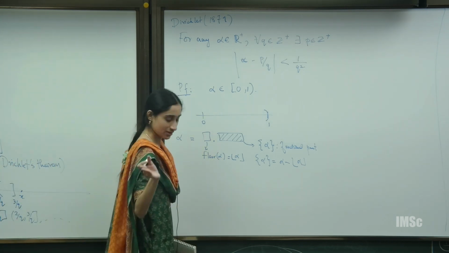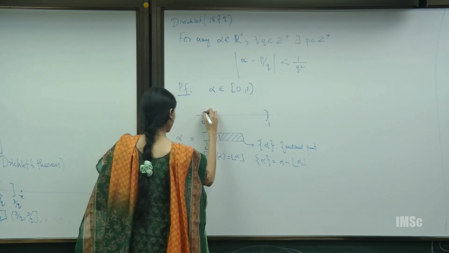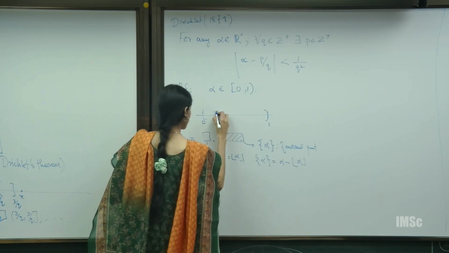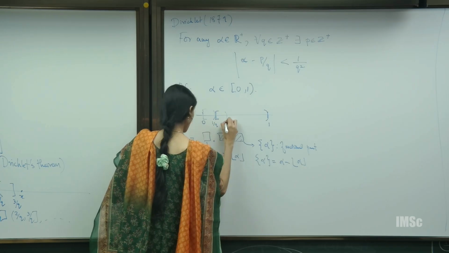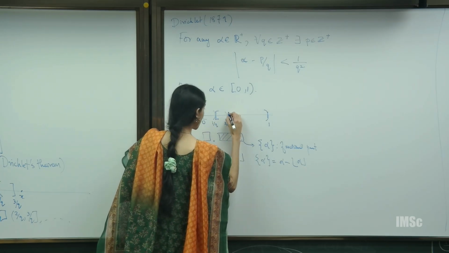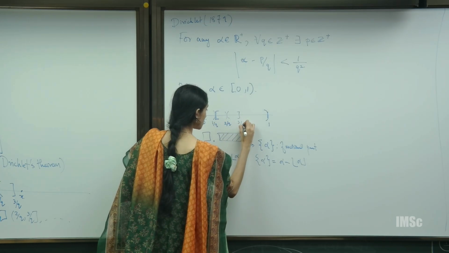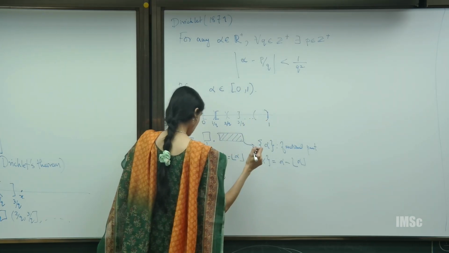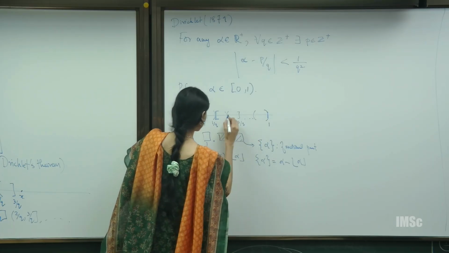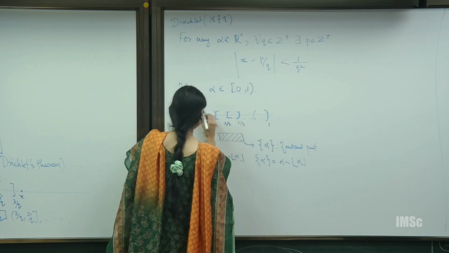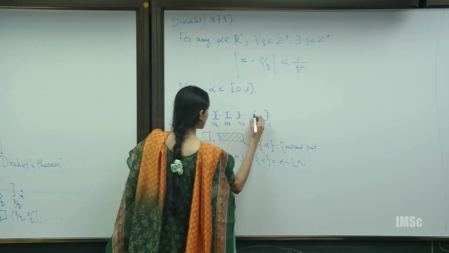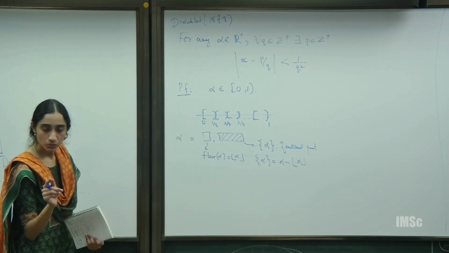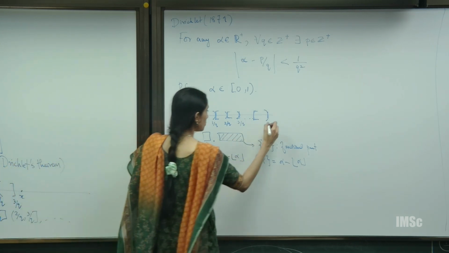So let's do what he suggested, the same business here. I included 0, so the intervals are 0 to 1 by q, 1 by q to 2 by q, and how far can I go? These are left closed, right open, until q by q, so 1 is q by q.